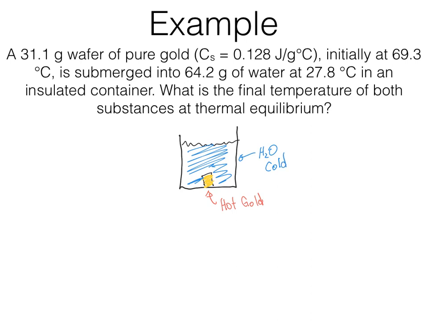The heat is going to flow from the hot gold out into the colder water. And eventually, the temperature of the water and the gold will be equal to each other. So heat will flow until the final temperature of the gold is equal to the final temperature of the water. This is thermal equilibrium.